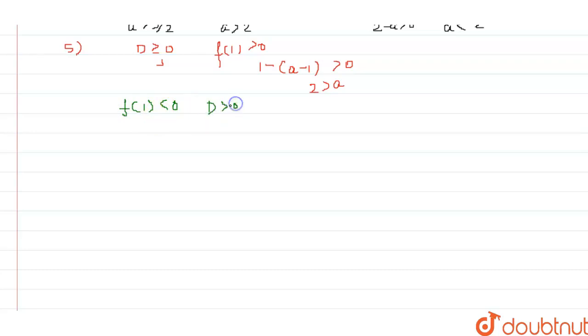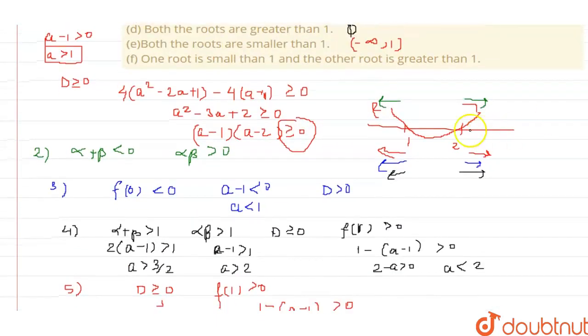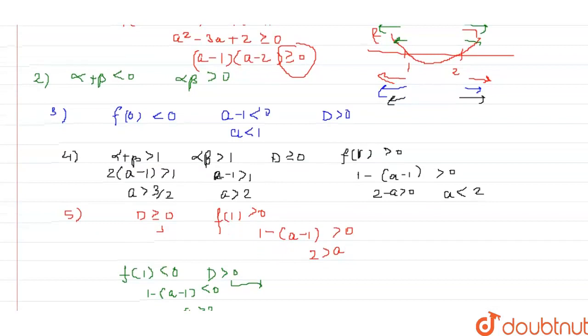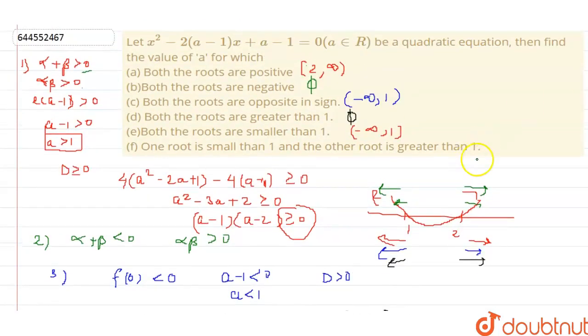So f of 1 less than 0 means 1 minus a minus 1 less than 0. So a becomes greater than 2, and in this case we know that for all the values of a belonging from minus infinity to 1, and for this, right? So here we are going to conclude that for all the values of a, this is 2 to infinity, right?